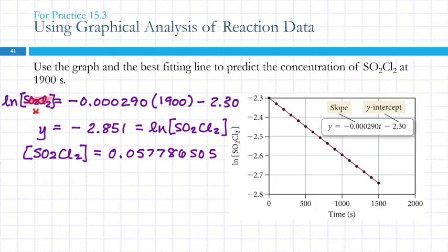How did I do it? Okay, so the first thing you want to do, you see this numSolve button? So I do the second function to get the number solver. And if there's something in there, you just need to clear it out. And so then I'm typing in this equation, where x is the thing I'm trying to find. So I just type it in just like it looks.